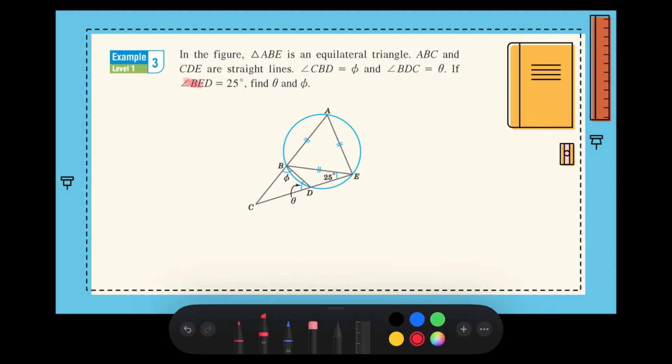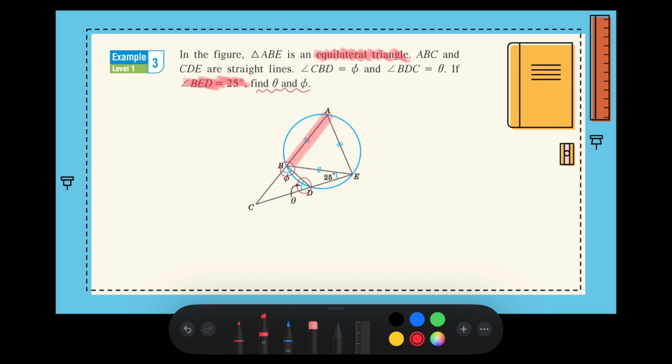If BED is 25 degrees, find theta and the other unknown, so find these two angles here. First of all, you can see that these two angles are outside the circle, and there is no information near them. So let's look at the information we're given first.